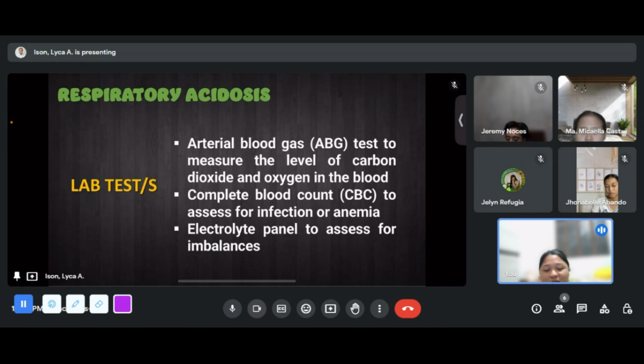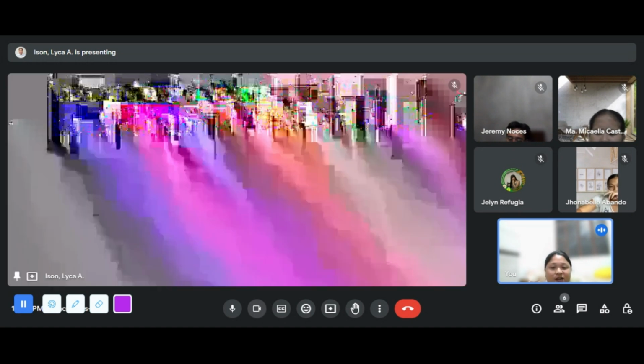Yung partial pressure ng carbon dioxide, which is 35 to 45 milliliters of mercury, yung pH level 7.35 to 7.45, yung bicarbonate ions yung normal range ng bicarbonate ions, which is 22 to 26 milliequivalent per liter, and the partial pressure of oxygen, which is 75 to 100 milliliters of mercury.